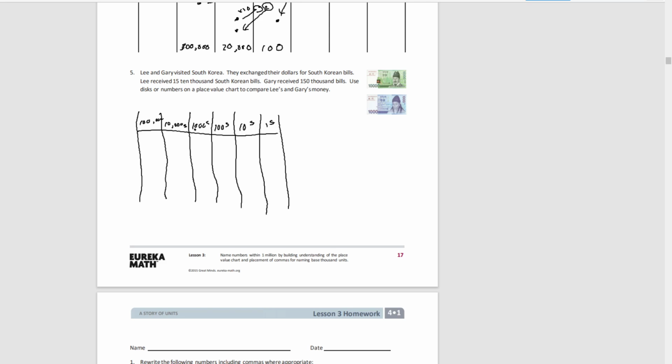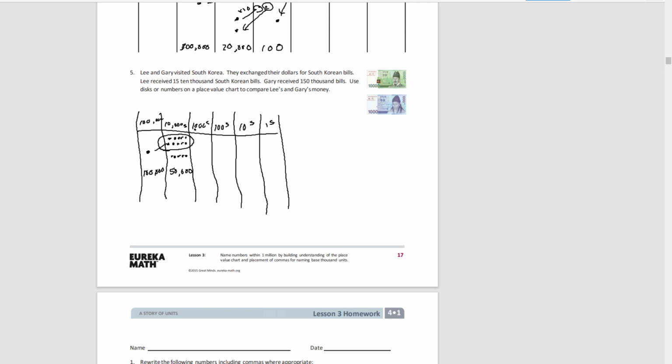So he has 15 10,000s. So right away we can see we can exchange 10 10,000s for 100,000. So Lee has 100,000 and 50,000.